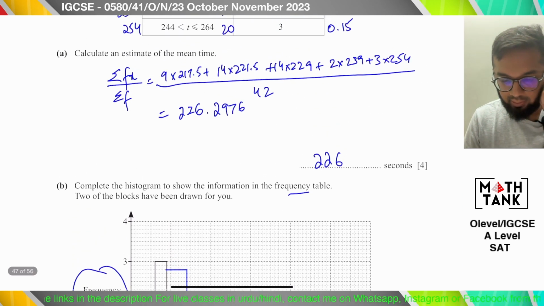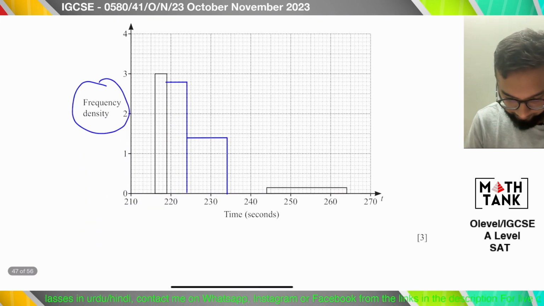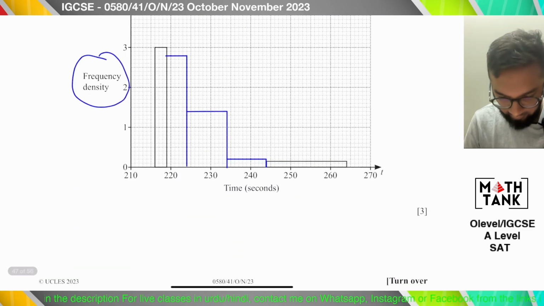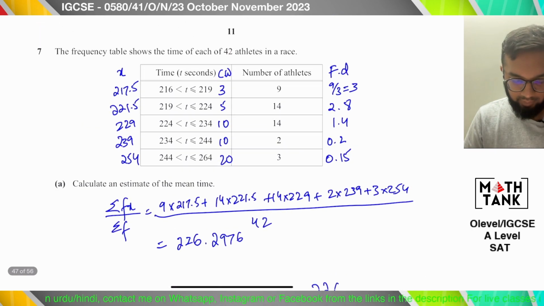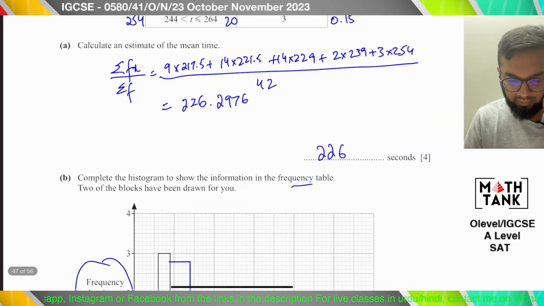Then the next one is again 0.2 for 10 units. Okay, and I think the last one is already drawn. 0.15 is drawn. So have I missed anything? I think fine. It starts with 216 only.